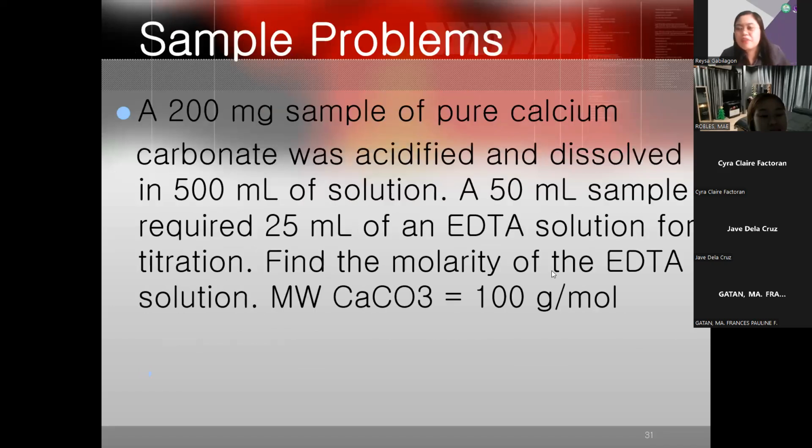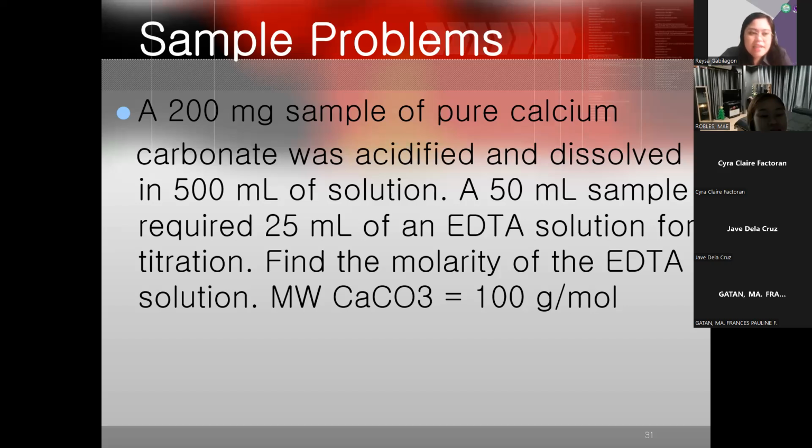Any questions so far with these two, volumetric precipitometry and the complexation method? The same process of doing titration still uses the burette. Your sample will be in the Erlenmeyer flask together with the indicators, and then the titrant will be added via the burette, and we will titrate until we reach that certain endpoint.